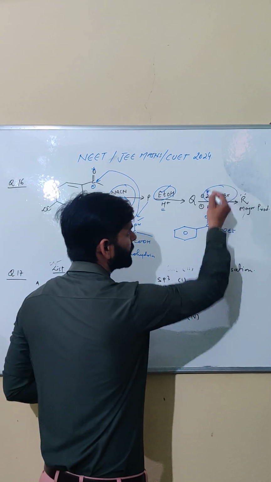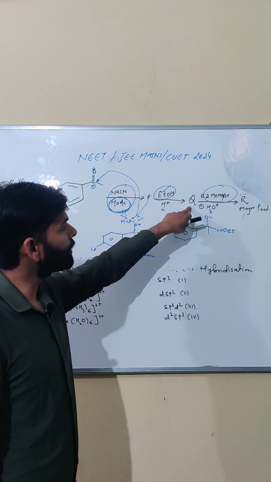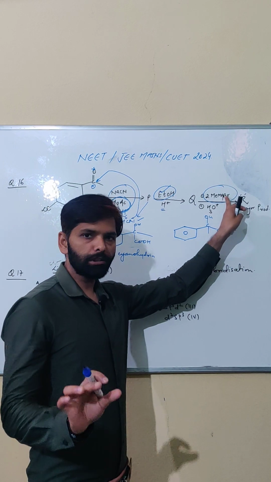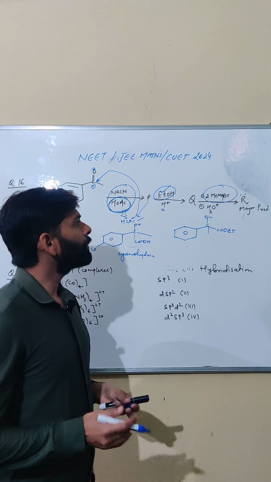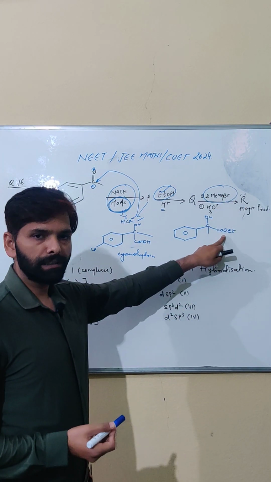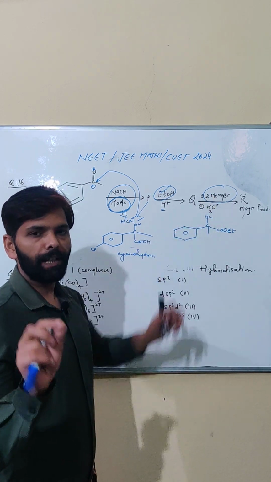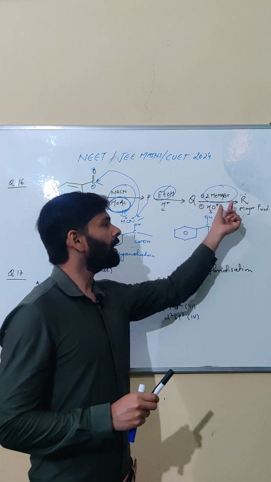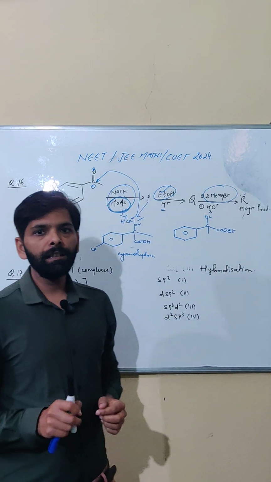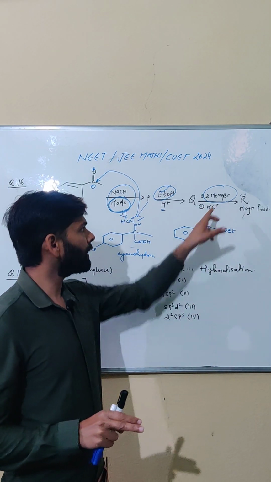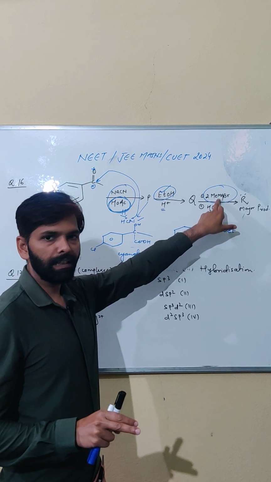Now we can see that this compound is treated with 2 moles of Grignard reagent, and we know that Grignard reagent, when it reacts with ester, requires 2 moles of Grignard reagent. Whenever there is an ester and you are treating that ester with Grignard reagent, the complete reaction will require 2 moles of Grignard reagent.